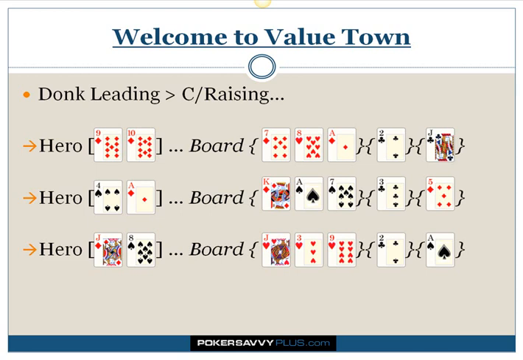So donk leading can certainly simplify things for you, particularly with outs. It can certainly frustrate your opponent and start giving you control of the match in general, not just control of these certain hands. You can also start gaining control of the match by constantly frustrating your opponent by winning pots out of position as well as in position.